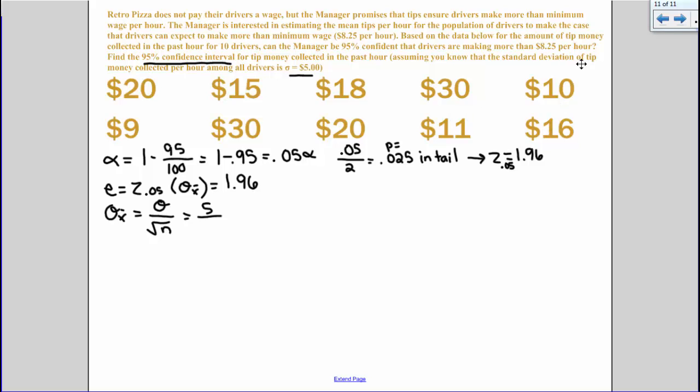All right, square root of 10. This becomes 5 divided by 3.162, and we have a standard error of 1.581.